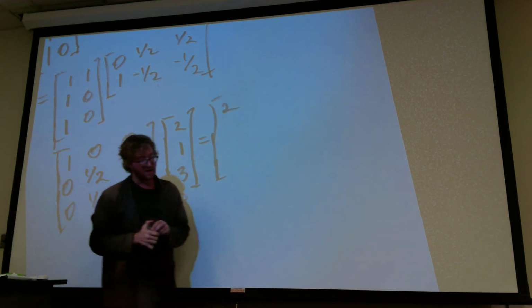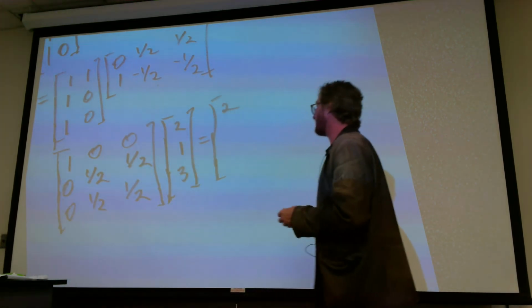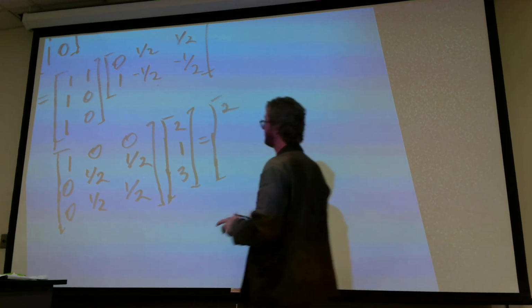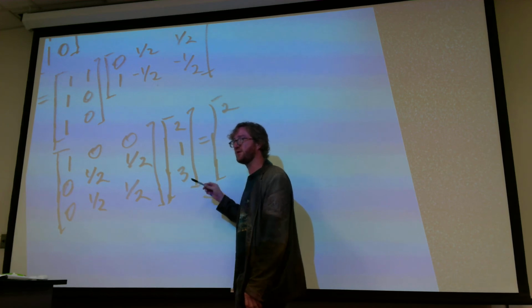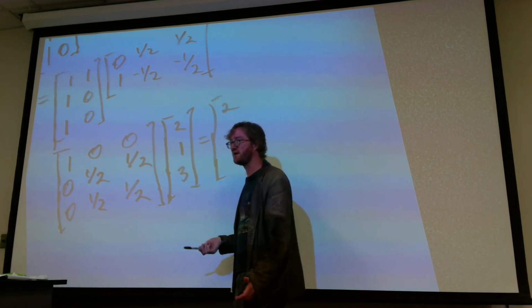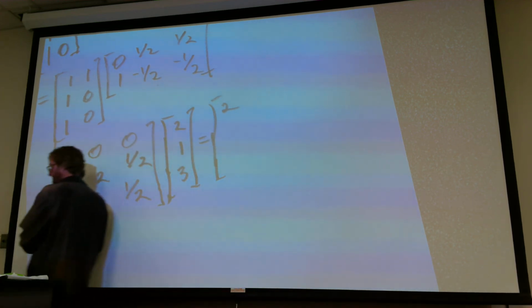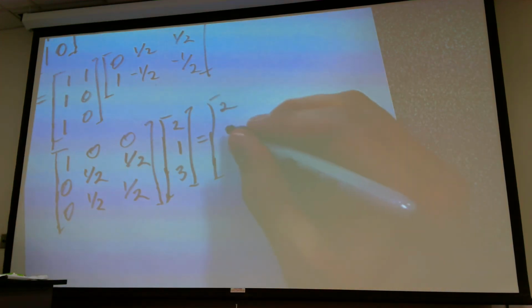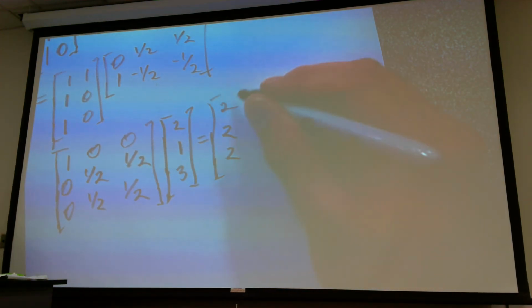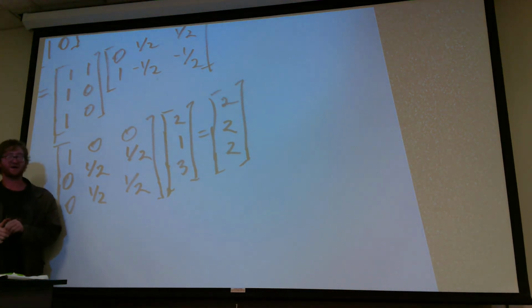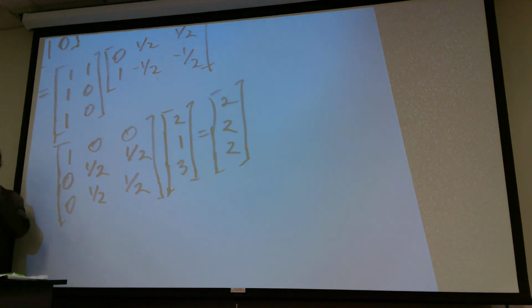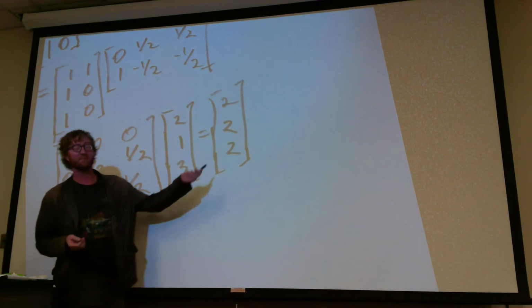All right, now 1 half, 0, 1 half, 1 half acting upon this, it's going to turn that into a 1 half, and that into 3 halves. Okay, so 1 half plus 3 halves, that's 4 halves, which is 2. That's also a 2. Okay. So that is the projection matrix acting upon the vector that's sticking out of the plane. And what it ended up being? It ended up being parallel to 1, 1, 1.